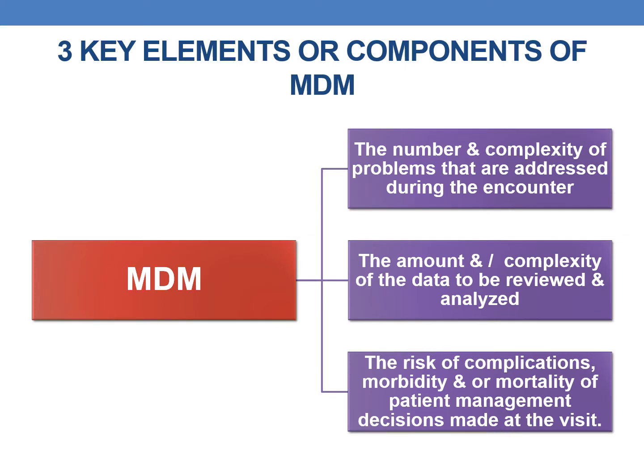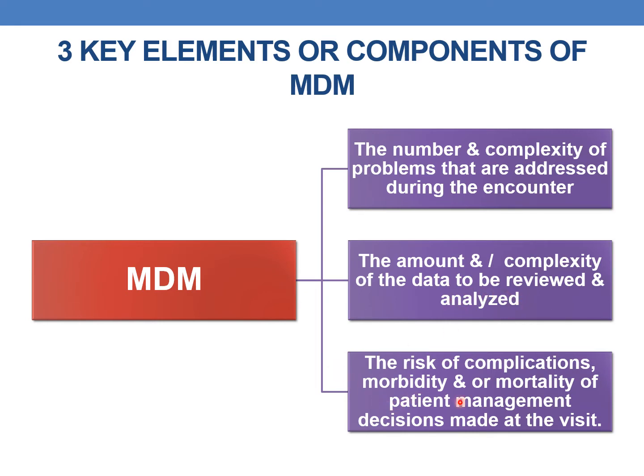Now coming to the key elements or components of MDM. The governing factors by which the type of MDM can be determined are: the first is number and complexity of problems that are addressed during the encounter. The next is amount and complexity of data to be reviewed and analyzed.